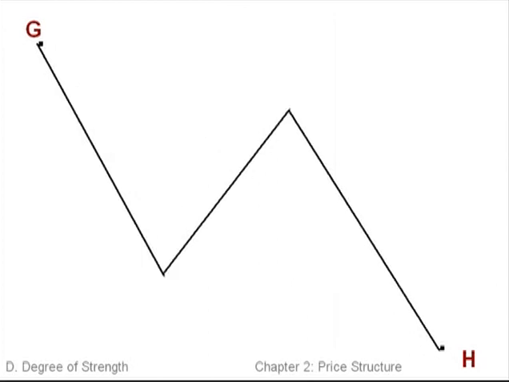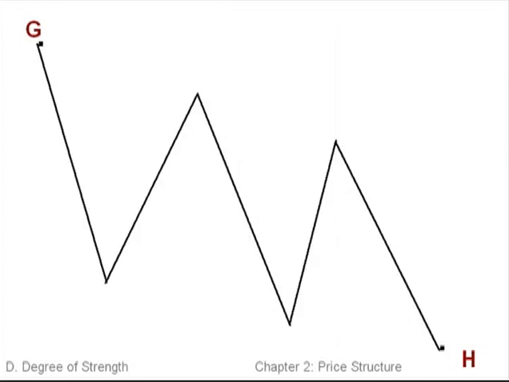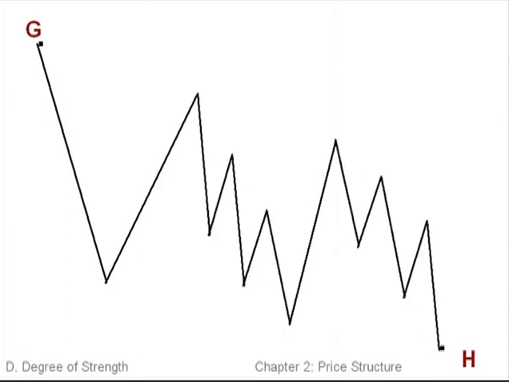And then the single measured move with a deep retracement. And then two measured moves with deep retracements. And then the CD moves broken down into measured moves as well.